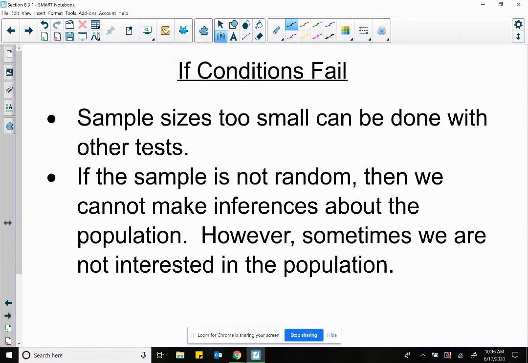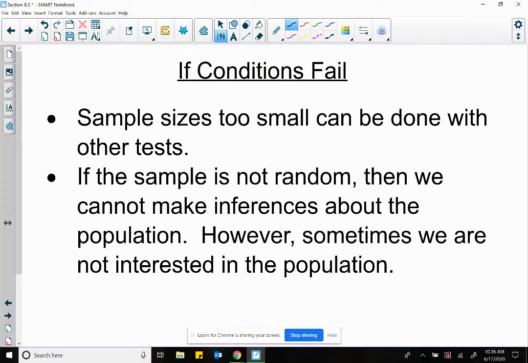So again, right there, I'm not talking about the effects of drugs on an entire people, but about the effects of drugs on a certain kind of person. More specifically, I'm not interested in the population, I'm not talking about something about that population. I'm more interested in knowing, did my treatment work or not?